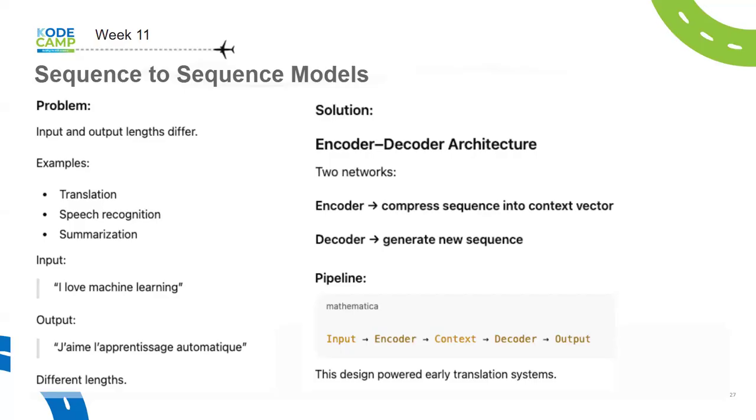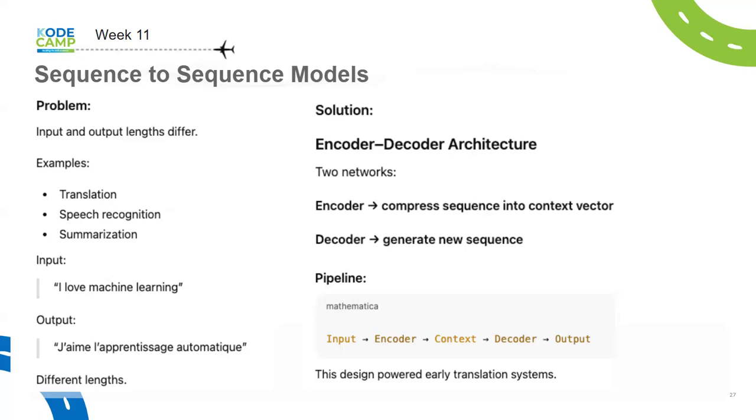Now, when we talk about sequence-to-sequence models, this is another extra level of complexity. Sequence-to-sequence models are basically models where you are essentially training your model not to classify, but to generate a new sequence.